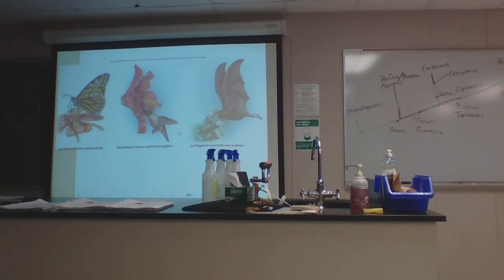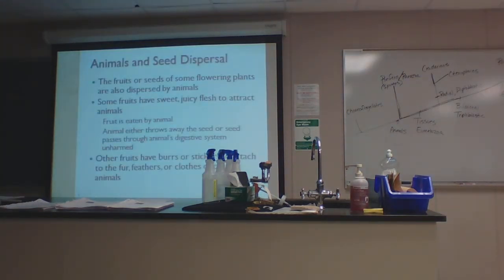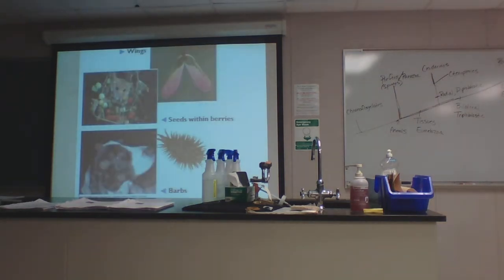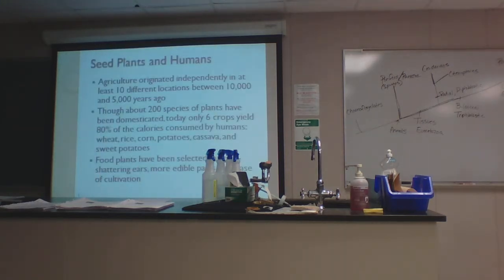Just kind of understand how that works. And then fruits. So the different fruits are for different methods of spreading the seeds of the plant. Alright, and then just know some of the stuff we get from plants that are important, like food, medicine, all that kind of stuff.